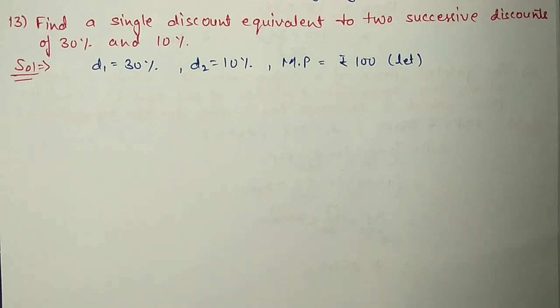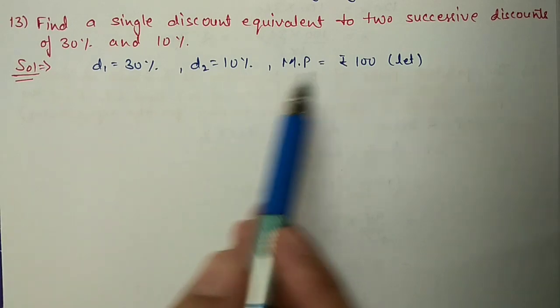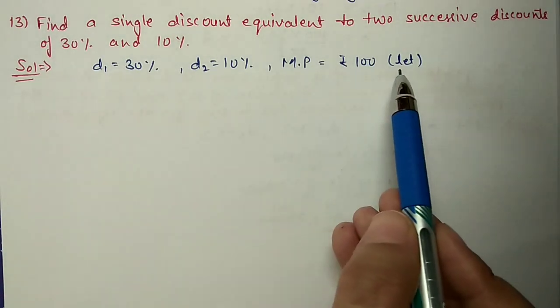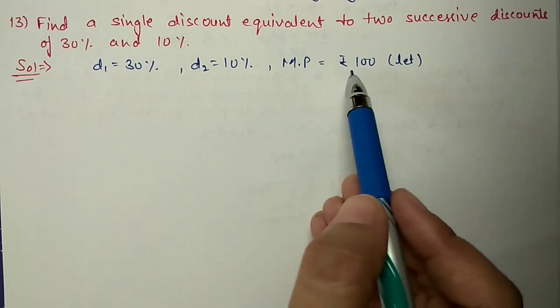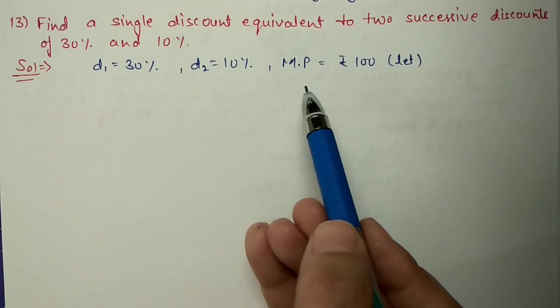Question number 13. Find a single discount equivalent to two successive discounts of 30% and 10%. So here the first discount is 30%, the second one is 10%, and the mark price is not given. So we will take the mark price as 100 rupees. If we take it as 100 rupees, then we will directly get the combined, equivalent discount.